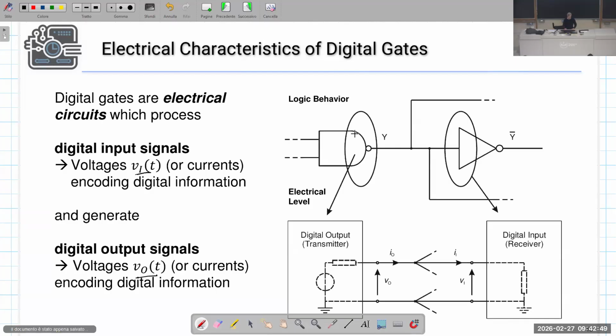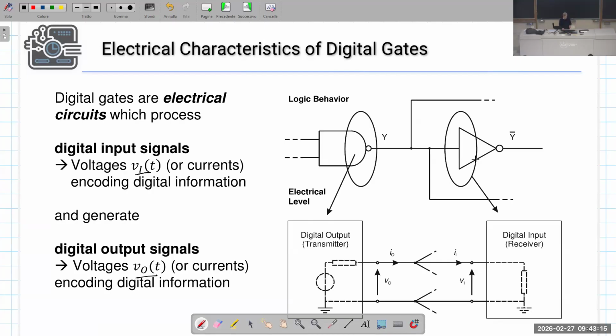So from the electrical point of view, the output of any of the gates that we have introduced is in practice a voltage source. It is a voltage source that forces a voltage that should represent the result of the digital operation that is performed.